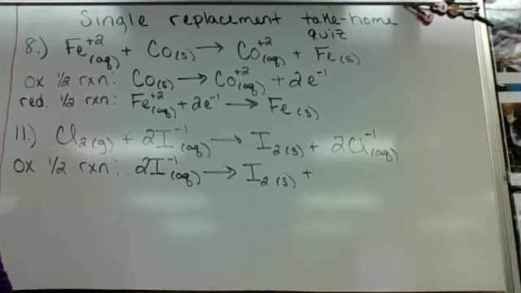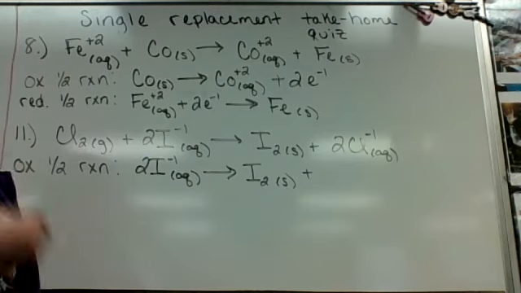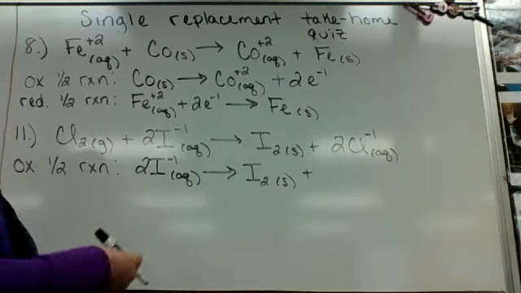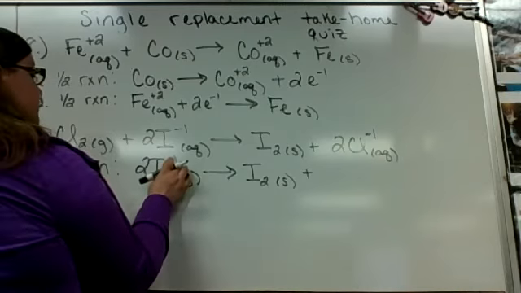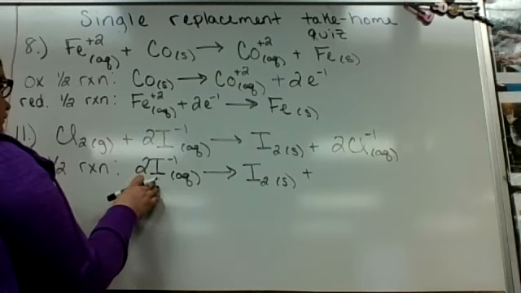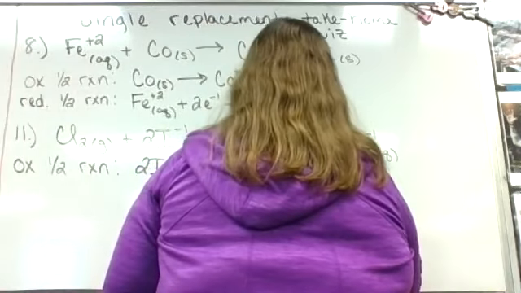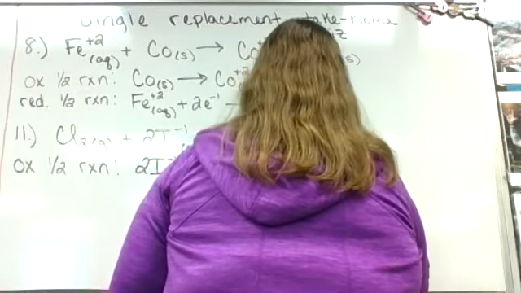To get the total charge, you take your coefficient and multiply by the charge, and that gives you how many electrons you need. So we have 2 times -1, so the left side is a -2. So how many electrons do I need on the right? Right, 2.